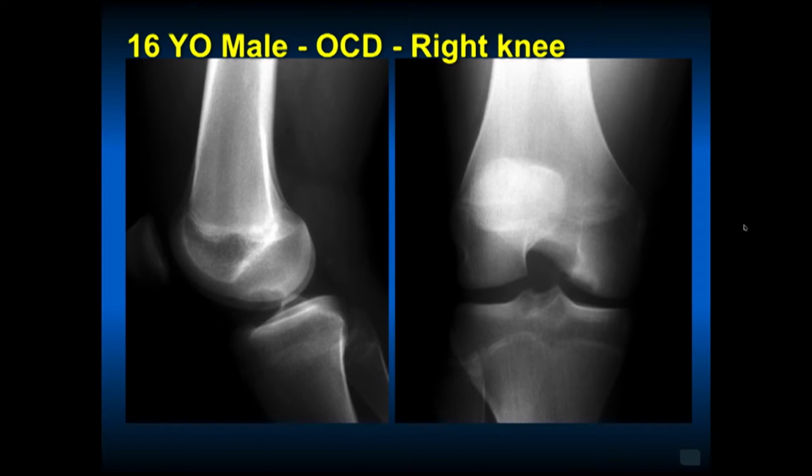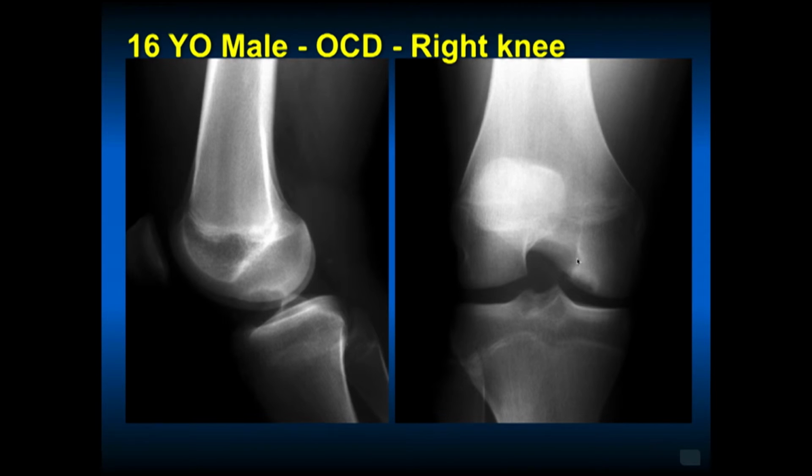This is a 16-year-old with osteochondritis dissecans of the medial femoral condyle. This can be seen on lateral view. So this is where the radiolucency is. That's osteochondritis dissecans. This is the lateral aspect of the medial femoral condyle.